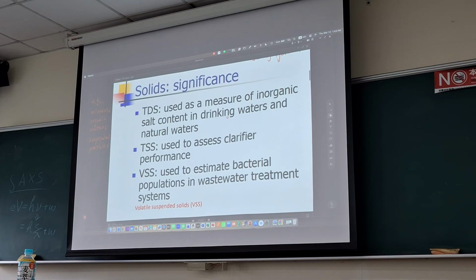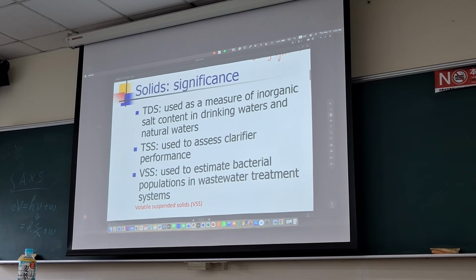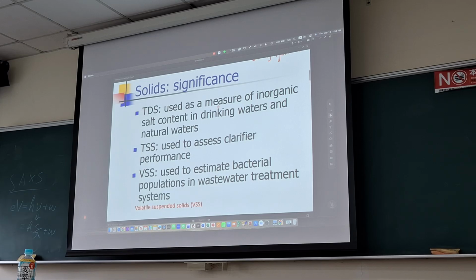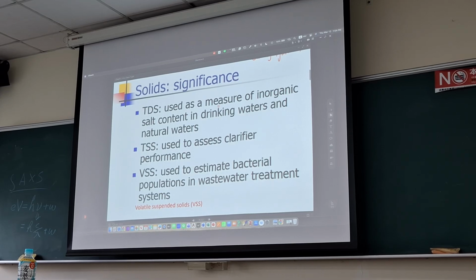Okay. So we spend some time to introduce this terminology because of the significance of these terms. TDS is used as a measure of inorganic salt content in drinking water and natural waters.